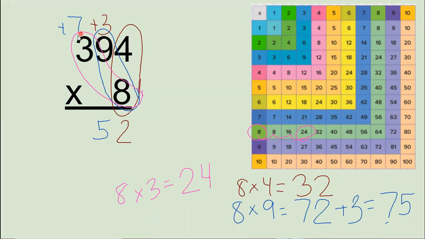From when I regrouped, I have to add that 7 into my answer. 24 plus 7 equals 31. So now, because I don't have a digit over here in my thousands, it stops at my 3 in the hundreds, I'm just going to write that answer of 31 as my answer. Okay? So 394 times 8 equals 3,152.